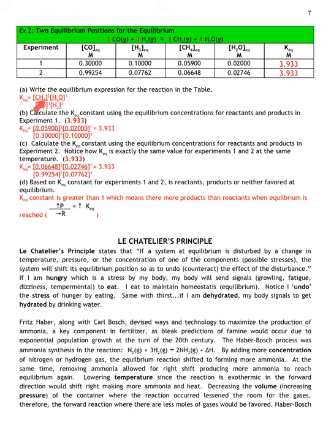So let's write the expression first. Again, it's products over reactants raised to their stoichiometric coefficient. Looking at the reaction, all three of these substances, CO, CH4, and H2O, have a coefficient of 1.